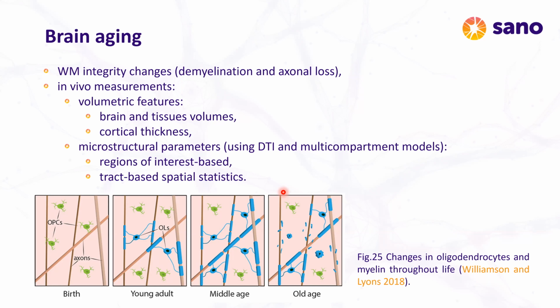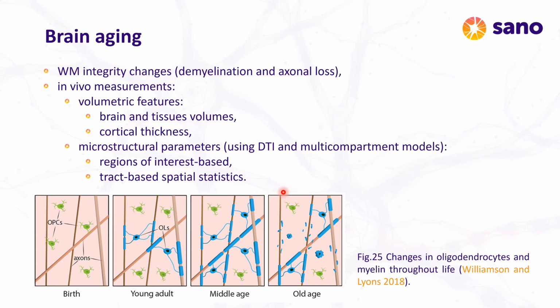So far, numerous studies on brain development have been conducted, but they were mainly based on the analysis of changes in volumetric features and microstructural parameters, mostly in the case of regions of interest and tract-based spatial statistics. And these methods have many disadvantages.